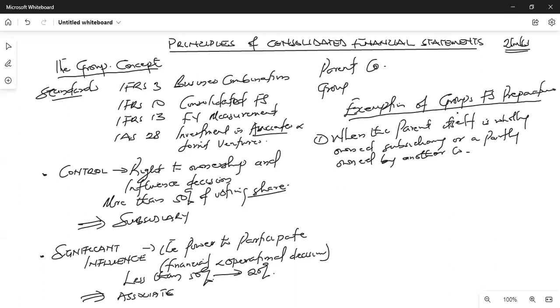So if you are owned, then you cannot go ahead with a consolidated financial statement.